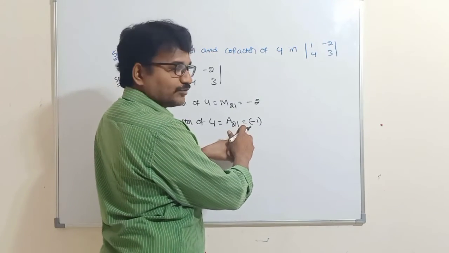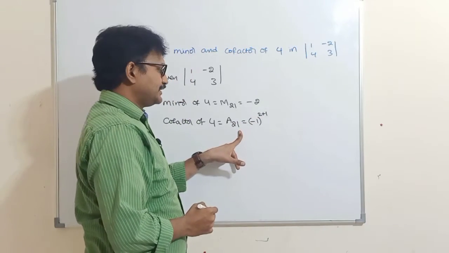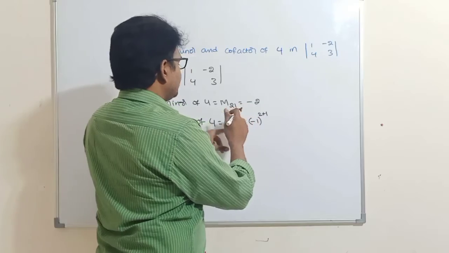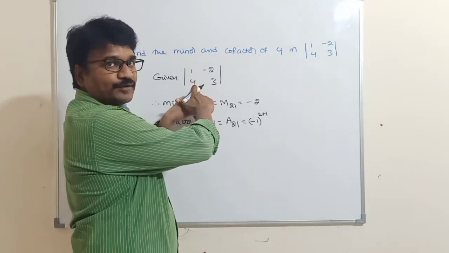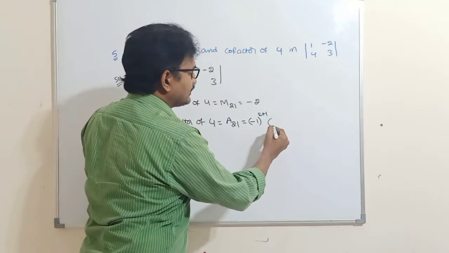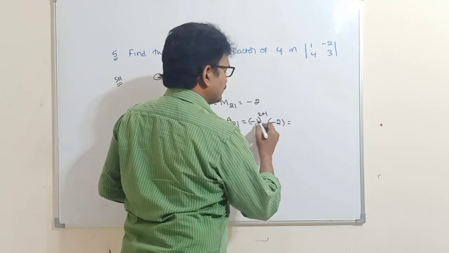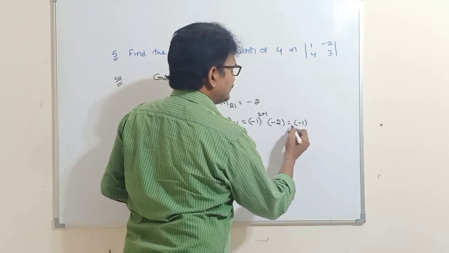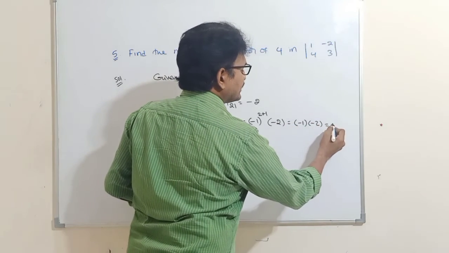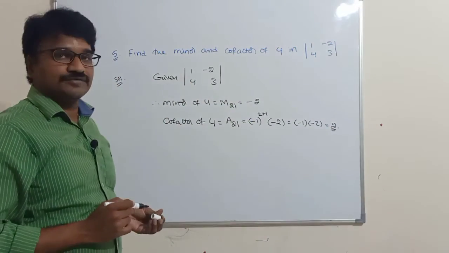So minus 1 whole power row number plus column number, and we need to delete the column and the row of 4. So delete this row and this column. Then what we have? Minus 2. Then minus 1 whole cube is minus 1, into minus 2. So minus 1 into minus 2 is 2. This is the cofactor of 4.